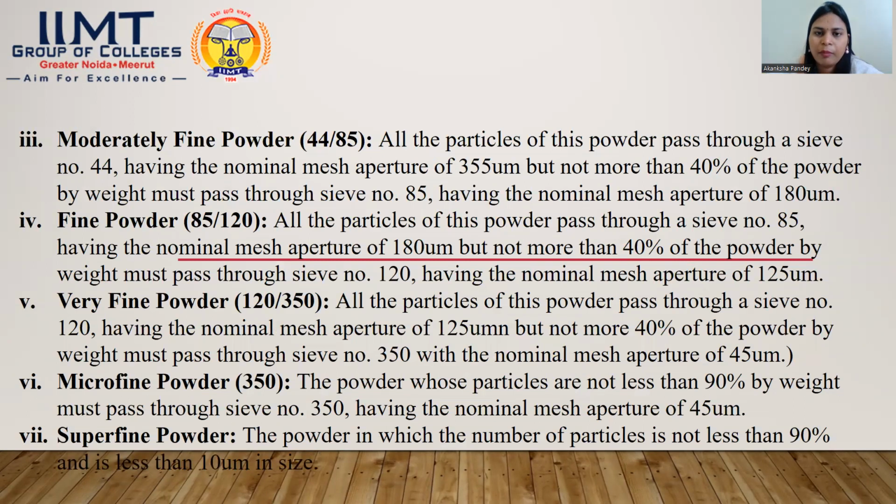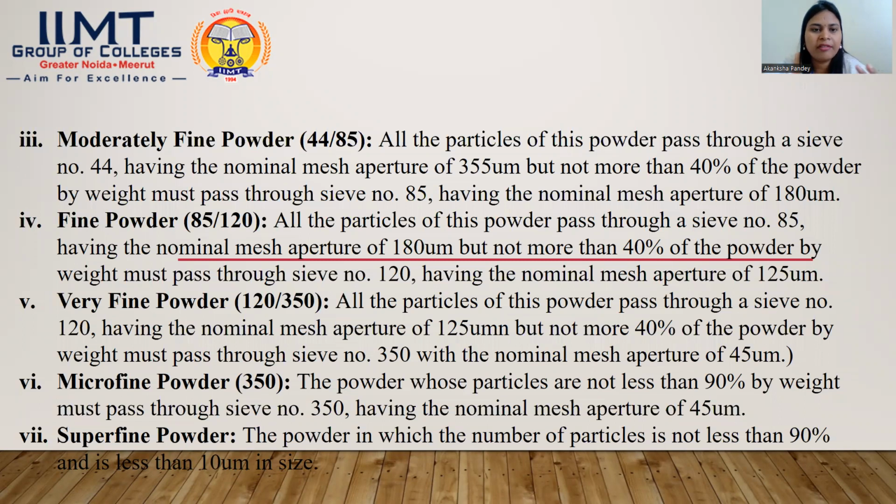Moderately fine powder is the same as coarse. Sieve number 44 is the basic sieve for this, and not more than 40% of the powder should pass through sieve number 85. Then the powder will be moderately fine powder.